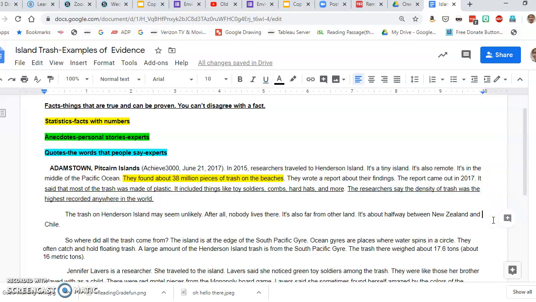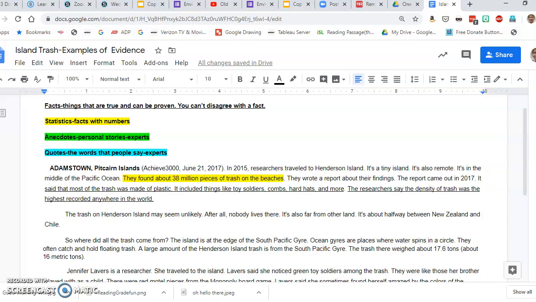The trash on Henderson Island may seem unlikely. After all, nobody lives there. It's also far from other land, and it's about halfway between New Zealand and Chile. So where did all the trash come from? The island is at the edge of the South Pacific Gyre. Ocean gyres are places where water spins in a circle.